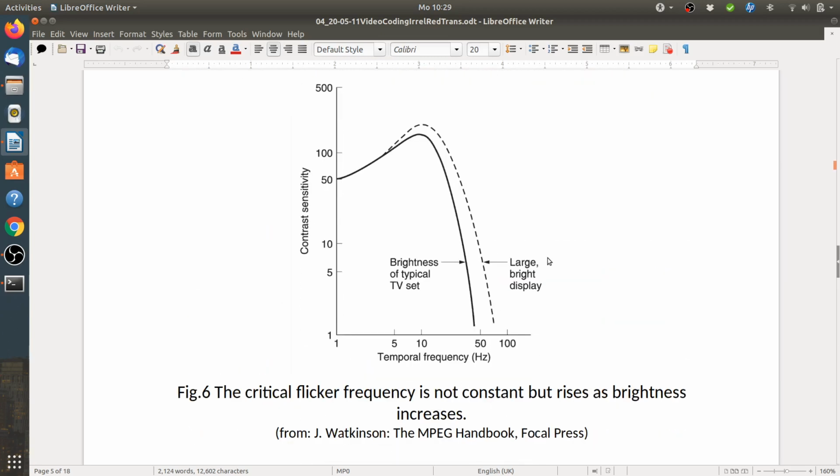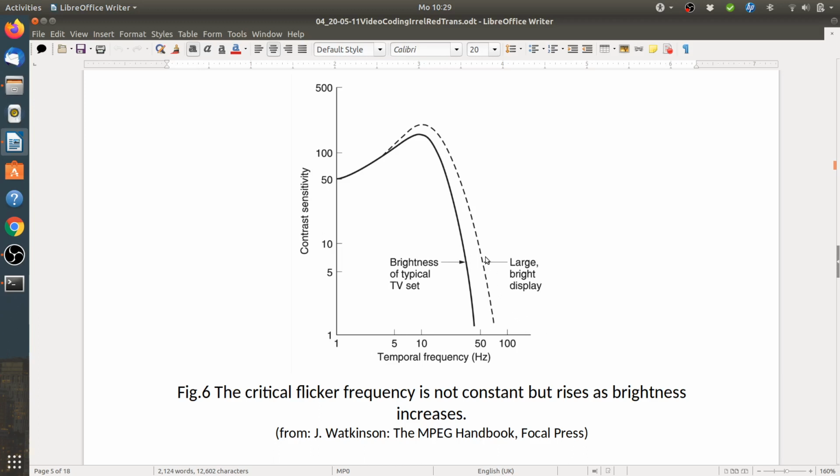Here you can see the temporal resolution of the eye, and you can see also in the temporal domain, which is important for videos, the eye acts like a low-pass filter. It's actually quite a steep low-pass filter when we come close to 50 Hertz. So when we have a typical TV set, it goes down a little earlier, and when you have a large bright display like a computer monitor, it goes down a little later here.